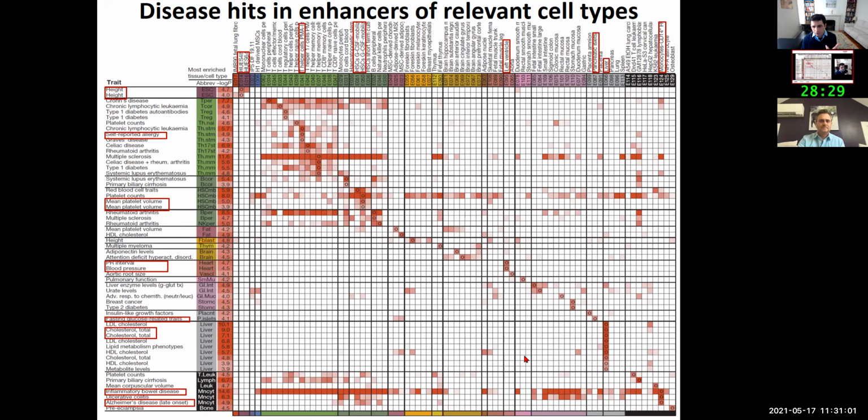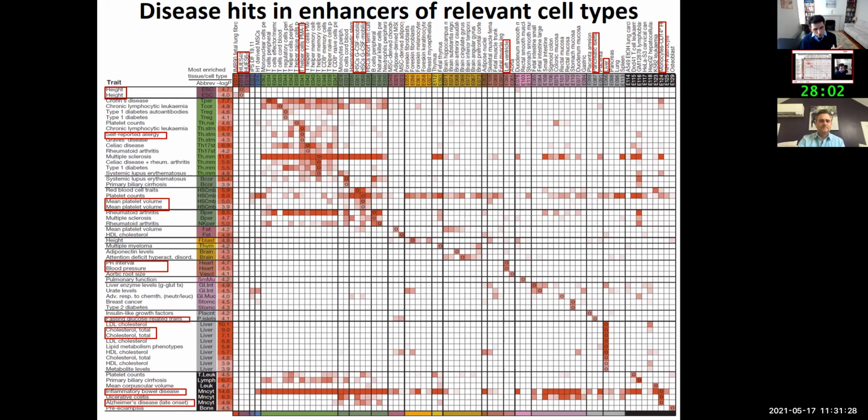If you look at cholesterol, it doesn't matter how you measure it between HDL, LDL, and many other lipid traits, you see that the liver appears to be the place where these enhancers are overlapping these regions. If you look at inflammatory bowel disease, inflammatory, you see a lot of immune cells, and then bowel disease, you can see these digestive tissues very specifically enriched. Both signatures, both tissues appear to be contributing.